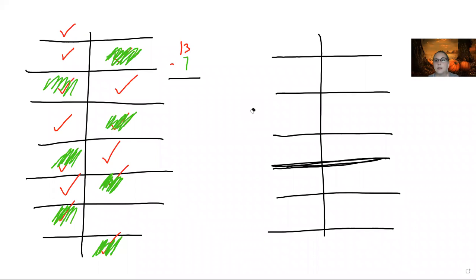Well, 13 take away 7, if we count backwards: 13, 12, 11, 10, 9, 8, 7, 6. We have 6 left. So now I have 6 extra parking spaces where people can park.